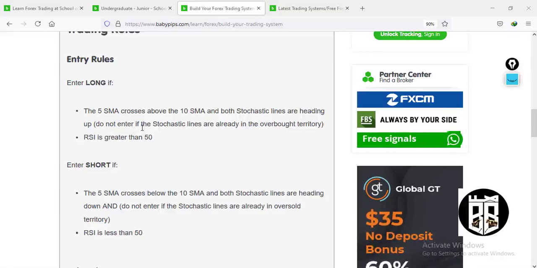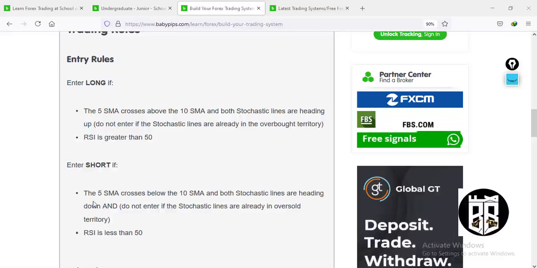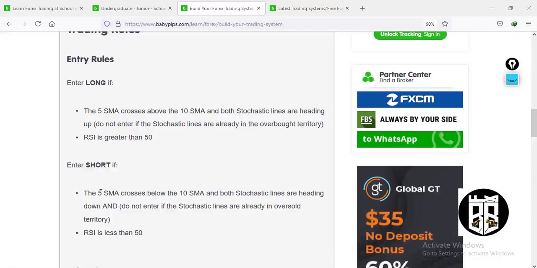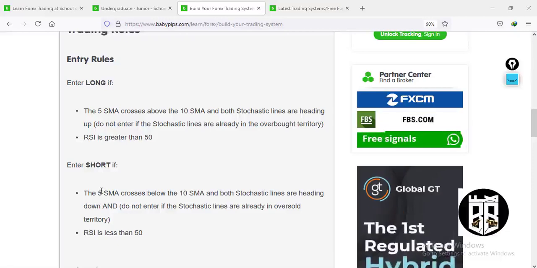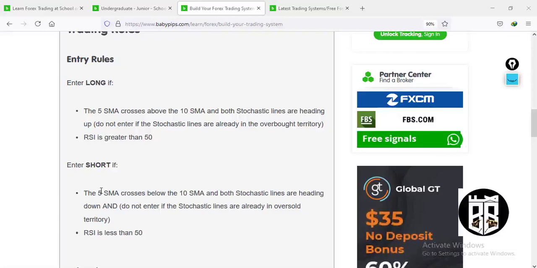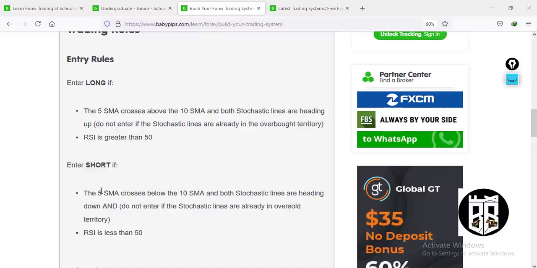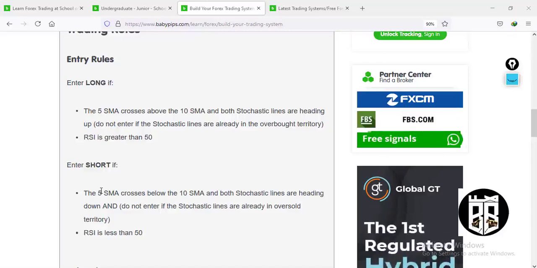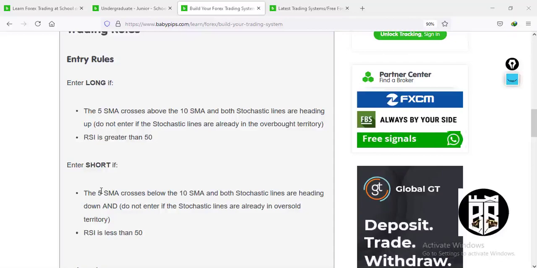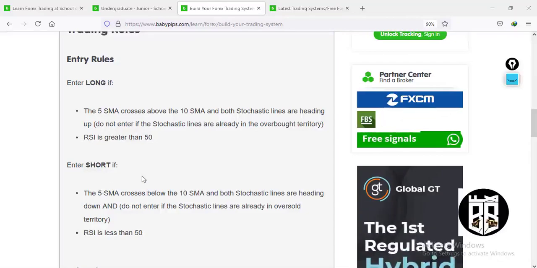is greater than 50. You are going to go short if the 5 simple moving average crosses below the 10 simple moving average, and both the stochastic lines are heading down. And do not enter if the stochastic lines are already in oversold territory, and you enter if the relative strength index is less than 50.